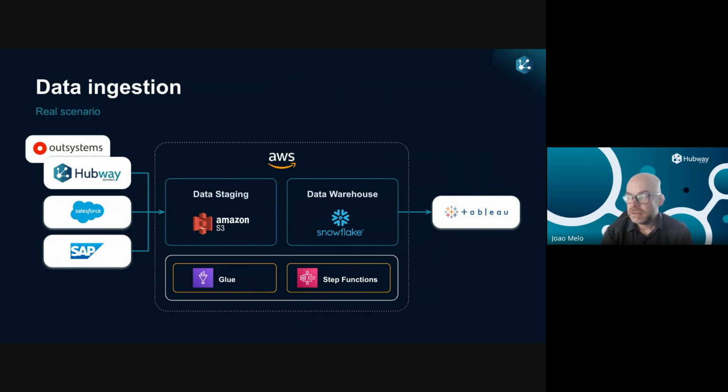Then they had a number of step functions that would run the load from the unstructured data source into their data warehouse. In this case, they used Snowflake running on the cloud as well. And step functions would do the transport between the multiple different buckets into the data warehouse.